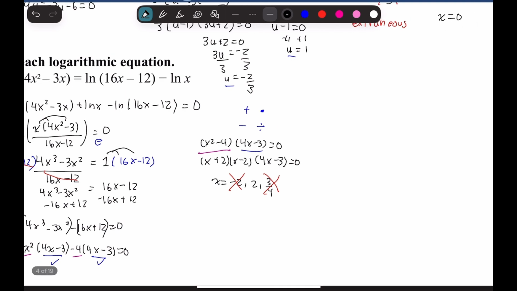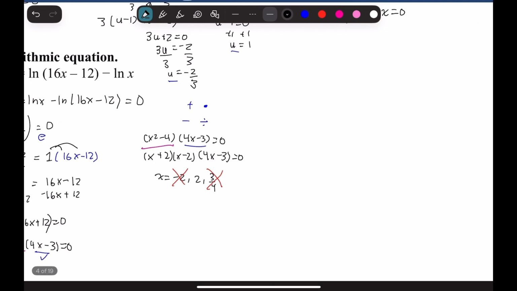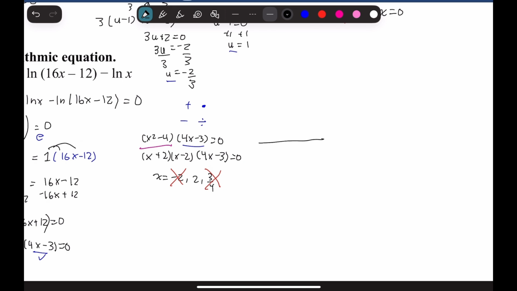Because, and we'll prove that. Sorry. So x is equal to 2 is the only solution, and the reason why is because we can create this number line right here, and we had x times 4x minus 3, and that has to be greater than 0.